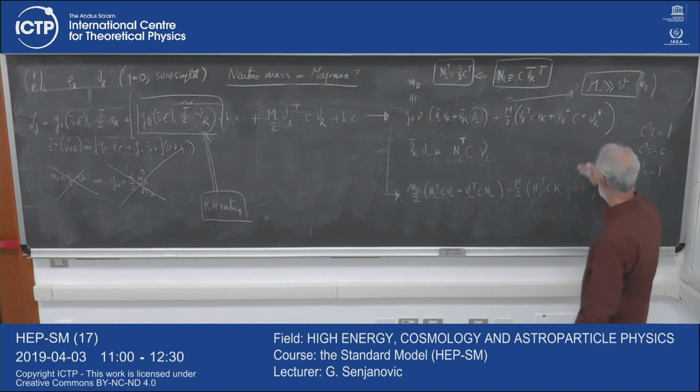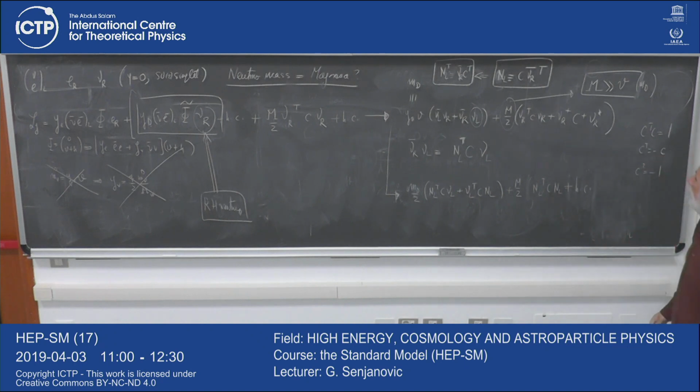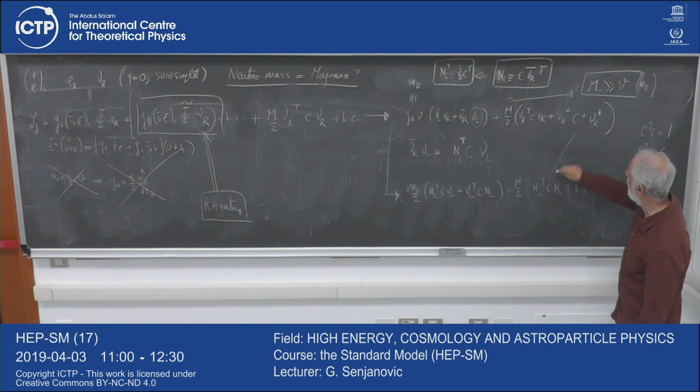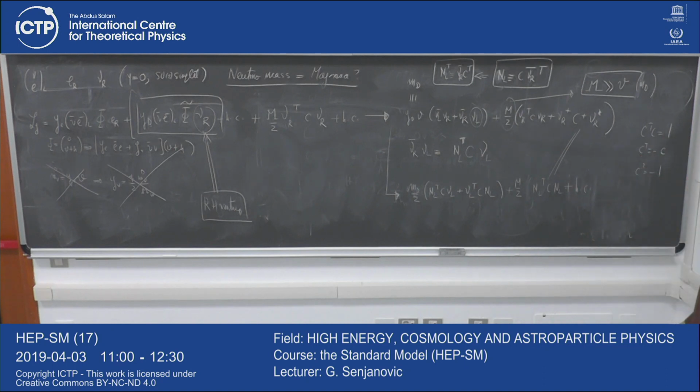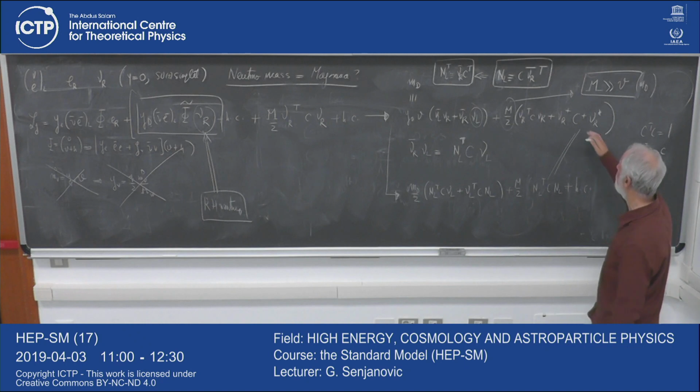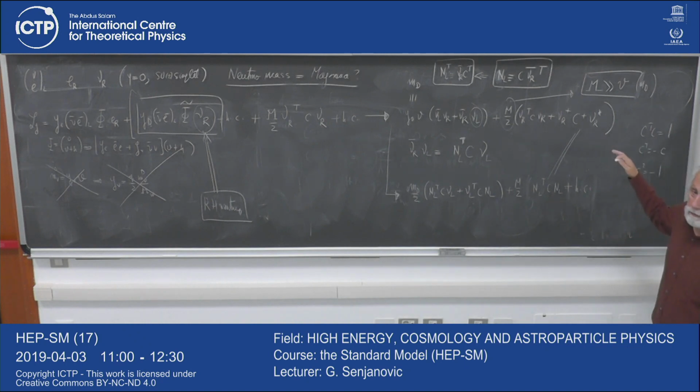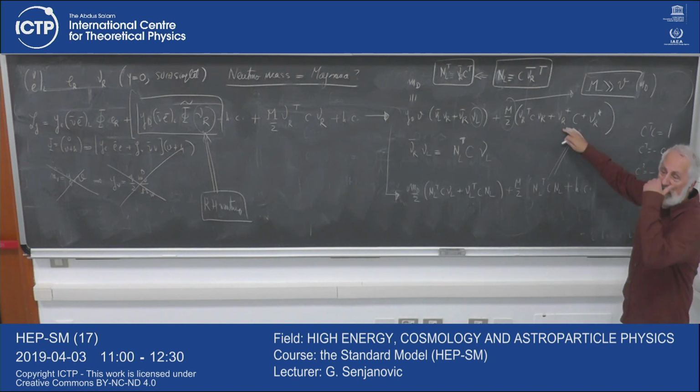Well, there is a Hermitian conjugate anyway. This also has a Hermitian conjugate. Do you see this? The thing that I'm inviting you to see is this. What else would it be? We can just multiply by gamma 0, right?